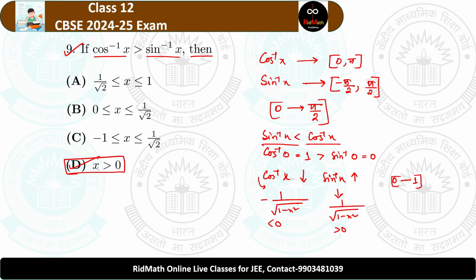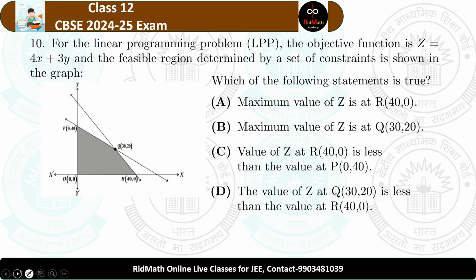Okay, so next problem, question number 10. For the linear programming problem LPP, the objective function z is equal to 4x plus 3y and the feasible region determined by a set of constraints is shown in the graph. Okay, this is the graph and this is the feasible region. Which of the following statements is true?